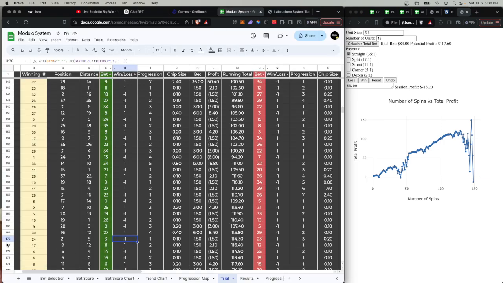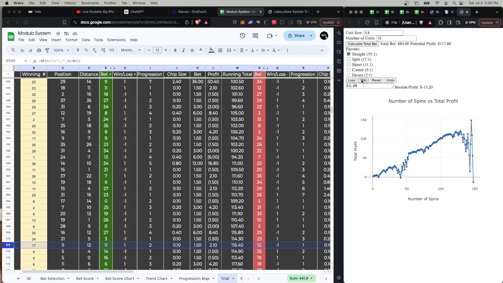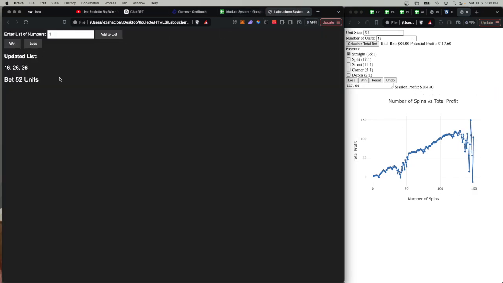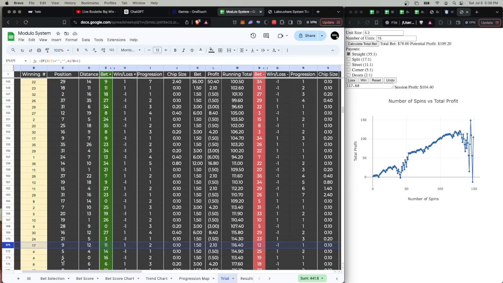So a loss, we get a win. Shot us back up. So after this win, now we're at a 52 unit bet. And we get a loss.